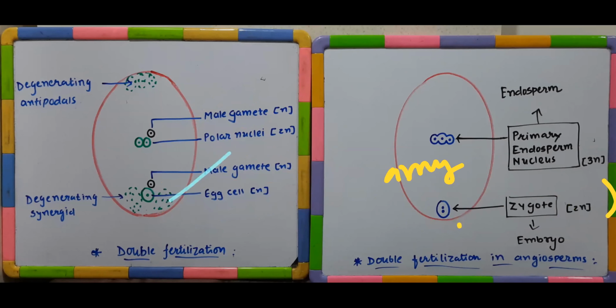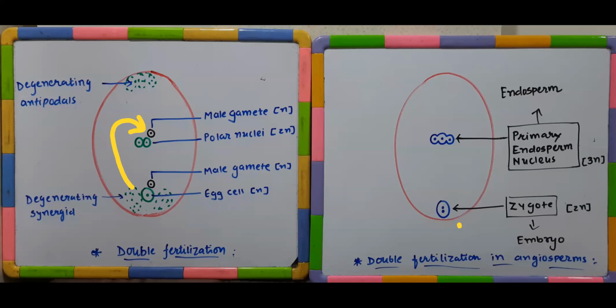On the other hand, the other male gamete that was discharged in the synergid will move towards the central region of the embryo sac, where the two polar nuclei are present within the central cell. Inside the large central cell are two centrally placed polar nuclei, each one haploid.